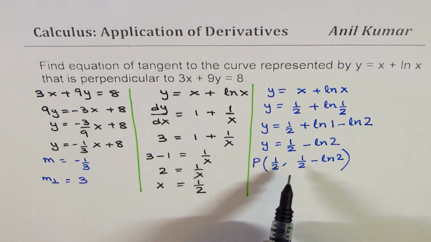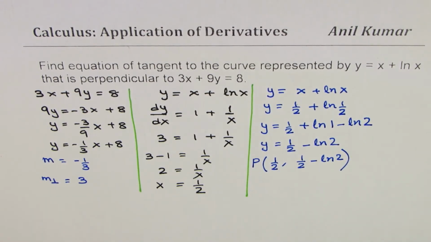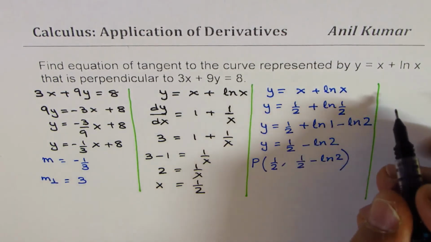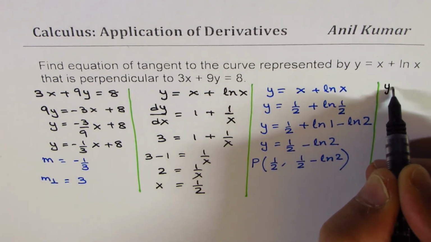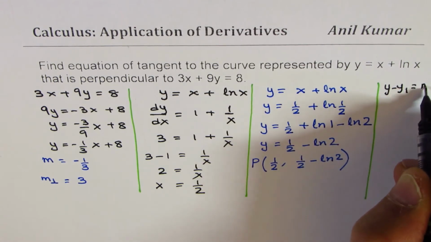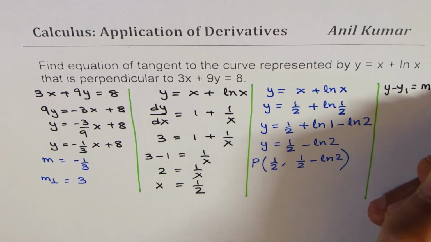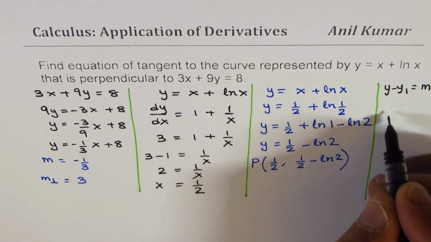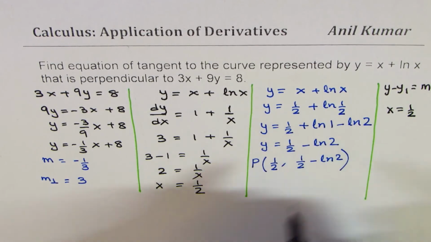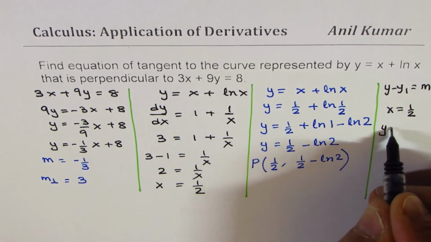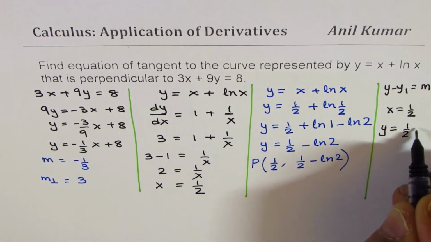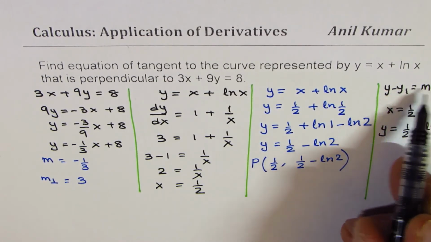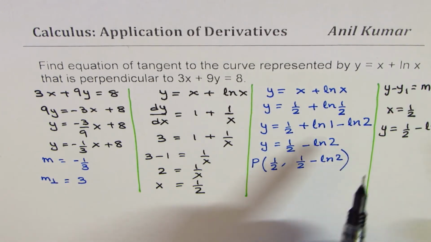So for the equation of the line, we can use the formula. We'll write down the formula at least, and then we'll work on it, right? So we can write y - y1 = m(x - x1), where x and y values are known to us: x1 = 1/2 and y1 = 1/2 - ln 2. So we are going to substitute these values and write down the equation in standard form.